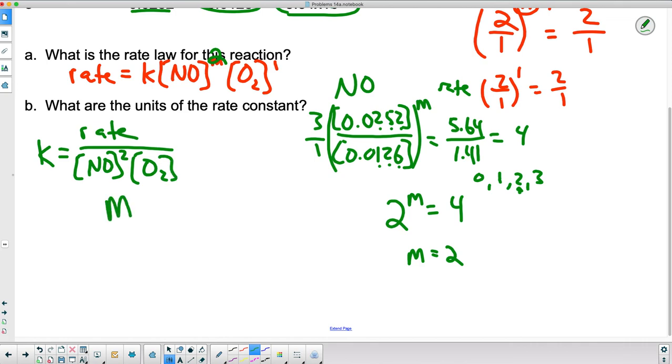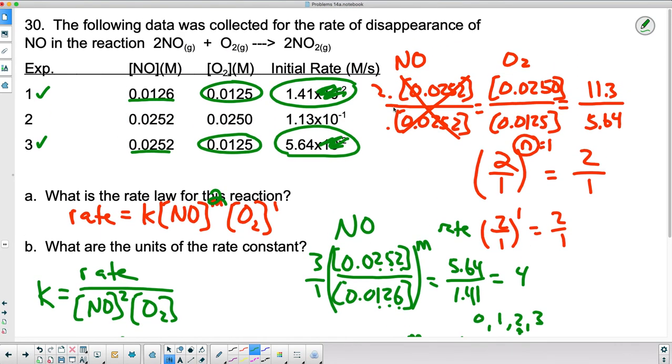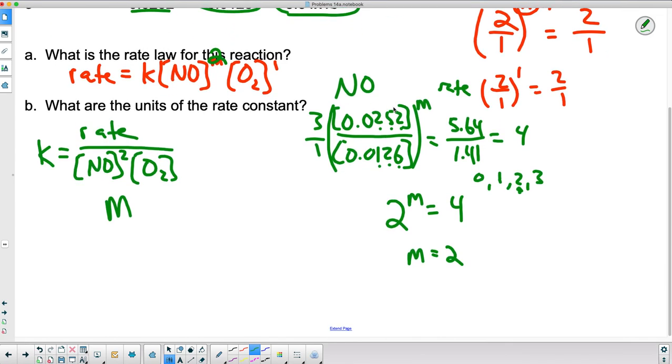I have to scroll up for a second to see: molarity per second for the rate, and molarity squared times molarity. So we get rid of that, flip seconds to the bottom, and what I'm left with then is molarity to the -2, seconds to the -1. That's the units for a rate constant.